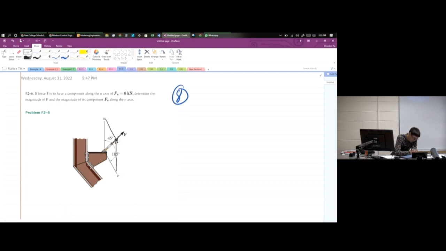This would be your Fv, this would be your Fu, so that means you have a parallelogram. This angle would be your 45, and if this is 150 over here, the whole thing, and you take away that, no, this is 105 here. And then this one will be 45. So you have 105. What would your last angle be? Anybody tell me? Right, 30 here.